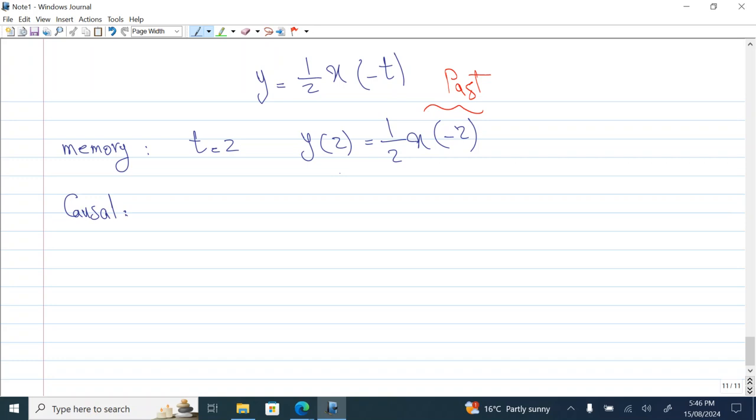For what? Negative t, that's correct. Any negative t gives you a value in the future. Example can be t equal to minus 1. So y at minus 1 is equal to half x of plus 1. And that's future. So that's not causal.